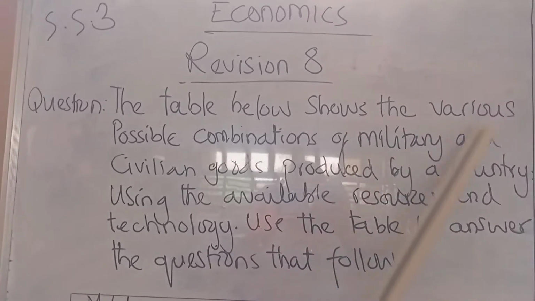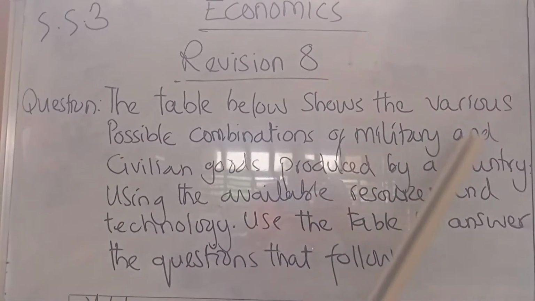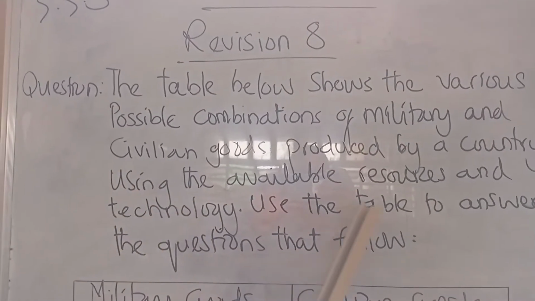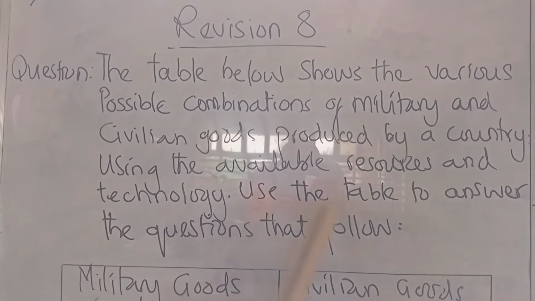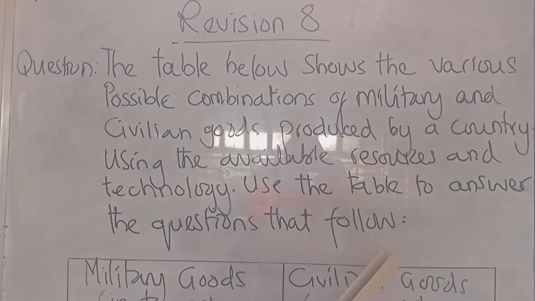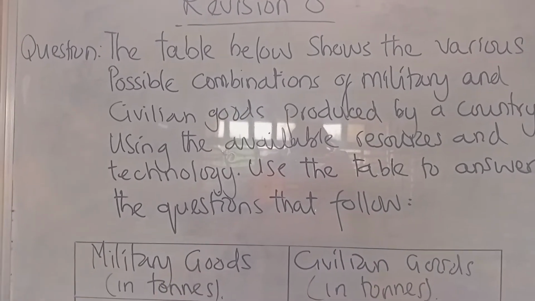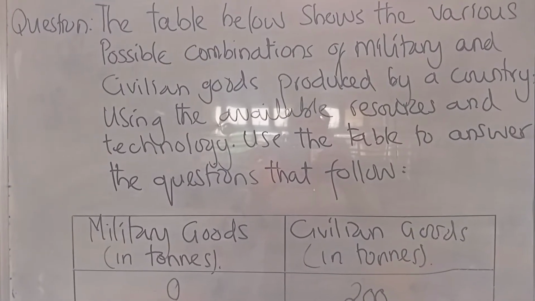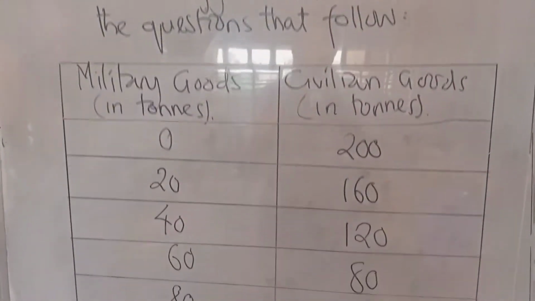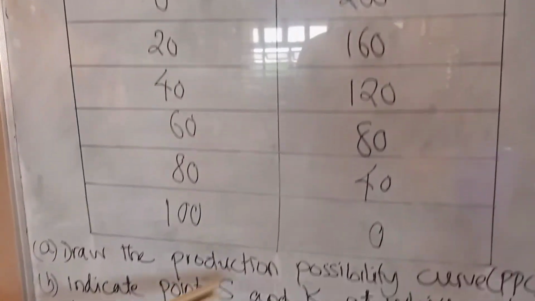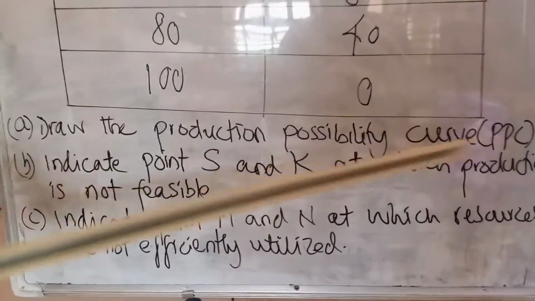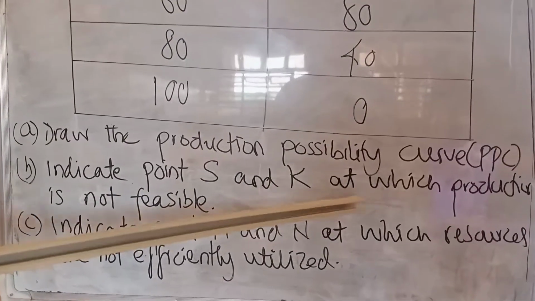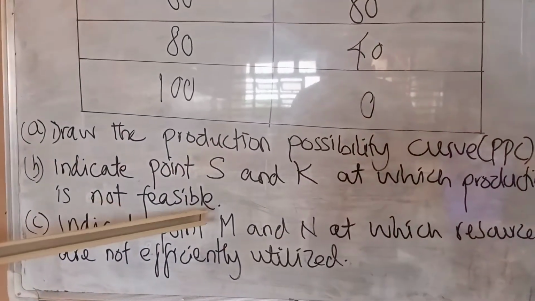The table below shows the various possible combinations of military and civilian goods produced by a country. Using the available resources and technology, use the table to answer the questions that follow. You can see here you have military goods and civilian goods. Question A: Draw the production possibility curve, PPC. B: Indicate points S and K at which production is not feasible.